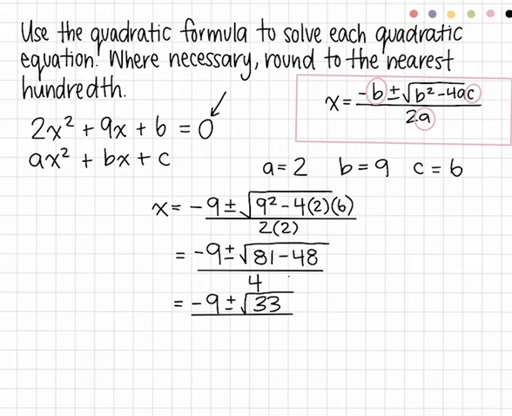The reason we have plus or minus in the quadratic formula is that when you take the square root of a number, it in fact has two roots. If we think about the square root of 4, it can be 2 or it can be negative 2.